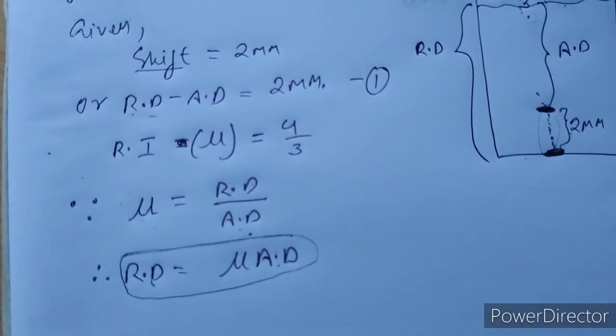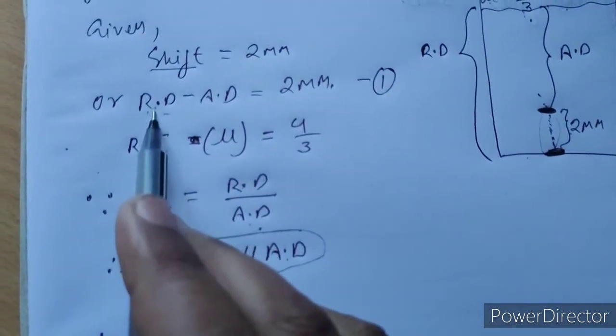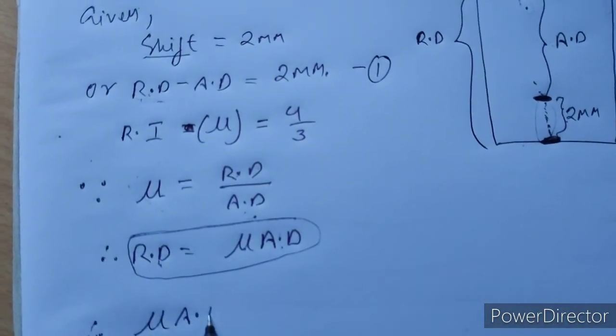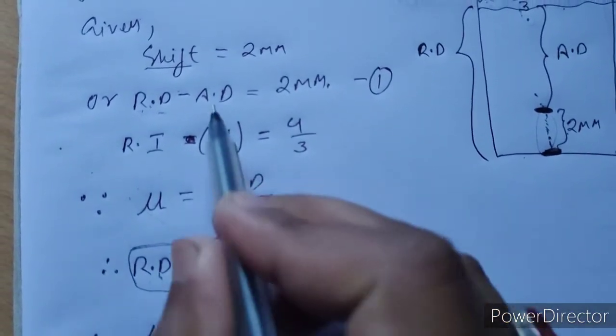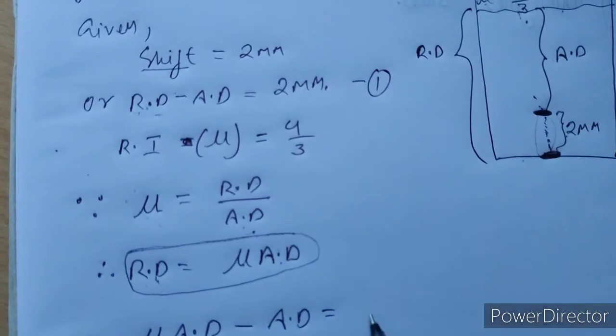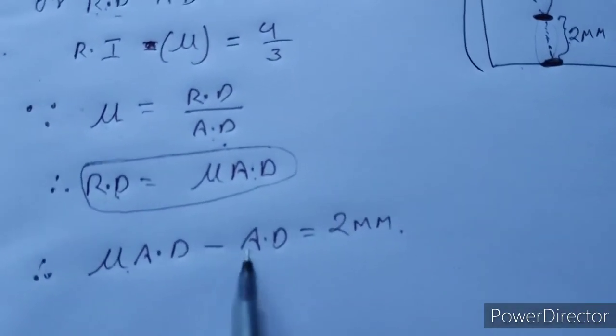So therefore, in place of real depth, I'll write refractive index into apparent depth, minus apparent depth equals 2 mm. Now, what is common out here?